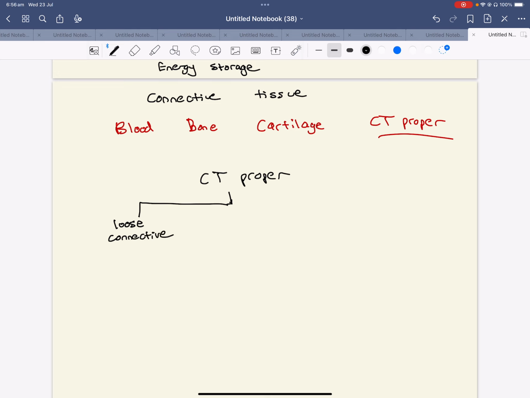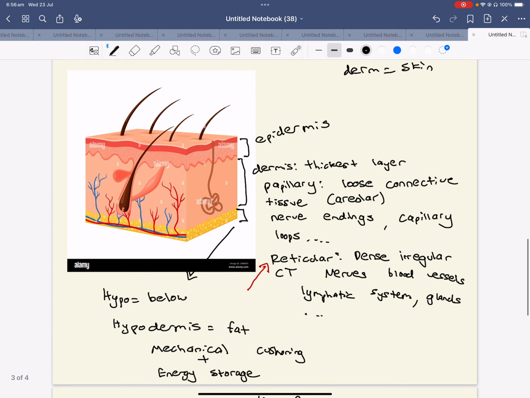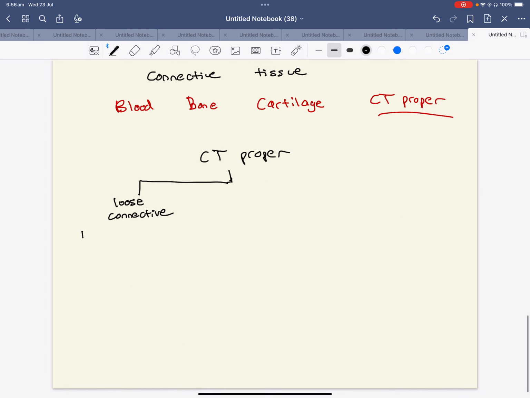This allows for nutrient transport, the loose connective tissue, right? So it has gaps for transport. The loose connective tissue has high vascularity for nutrient transport. A lot of ground substance. We'll go through what ground substance is, but ground substance is for tissue hydration.